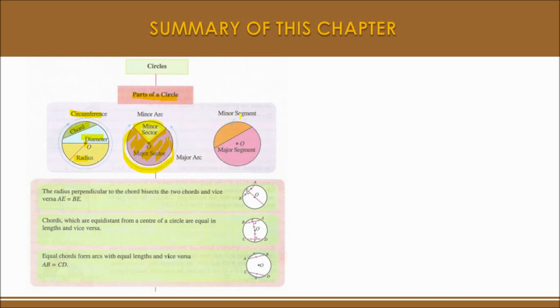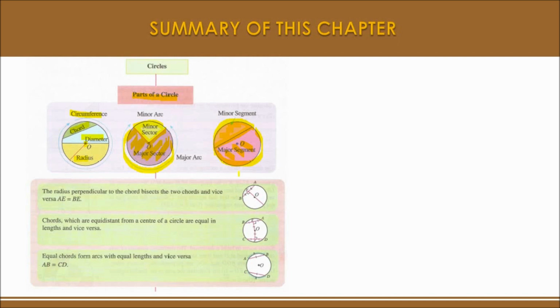You also know the segment. Segment is enclosed by chord and arc. This one is the minor segment, because it is less than half of the circle. And this one is the major segment.